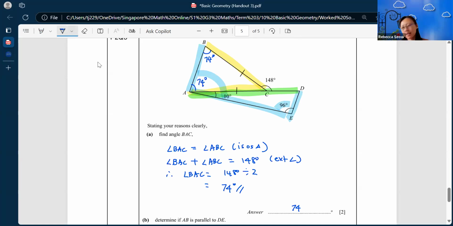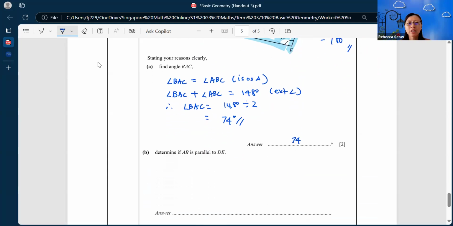Angle BAE plus angle AED is equal to 74 degrees plus 10 degrees plus 96 degrees, and it's 180 degrees. Oh, okay. So yes, we can prove that the two lines are parallel.